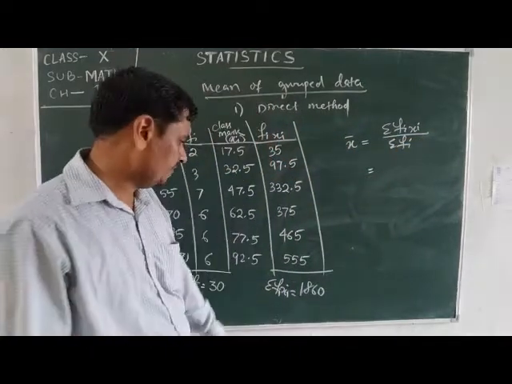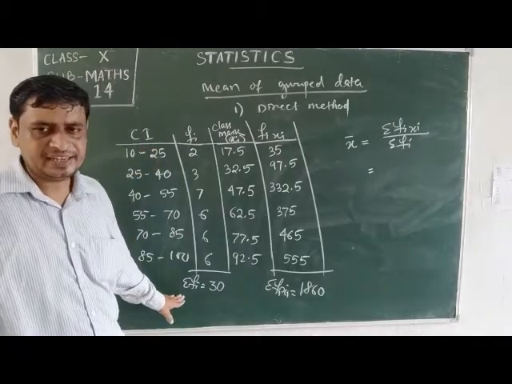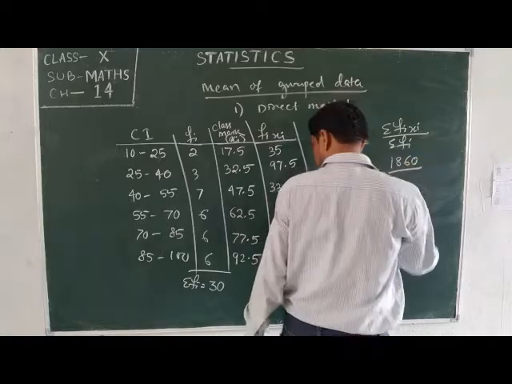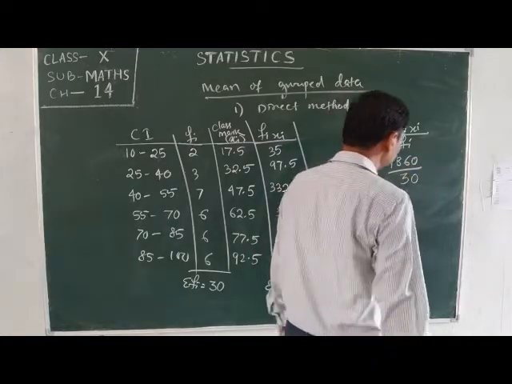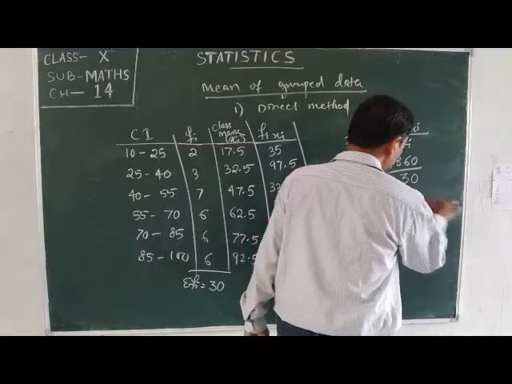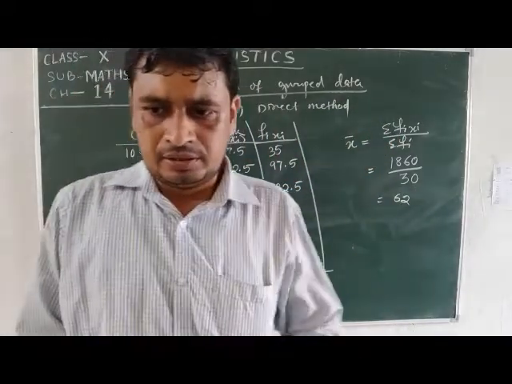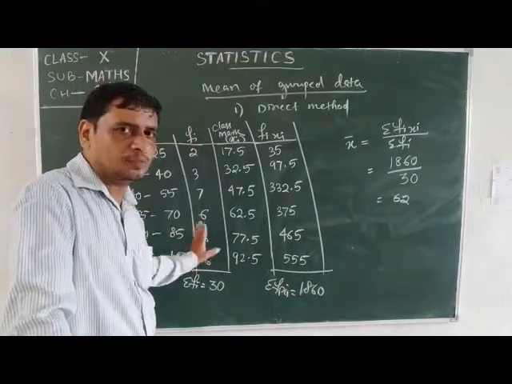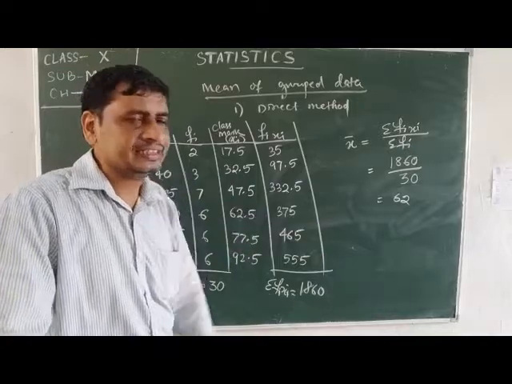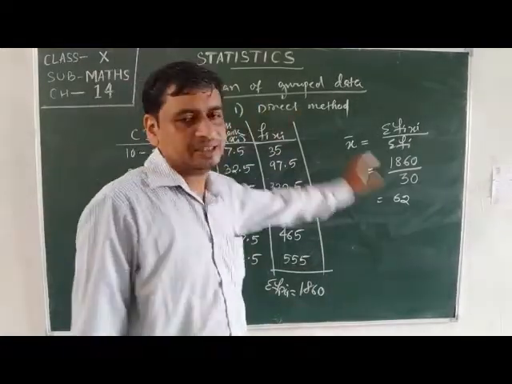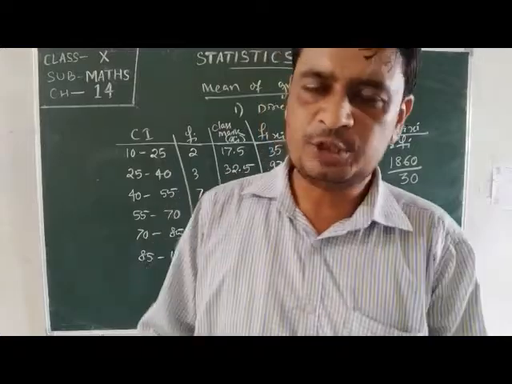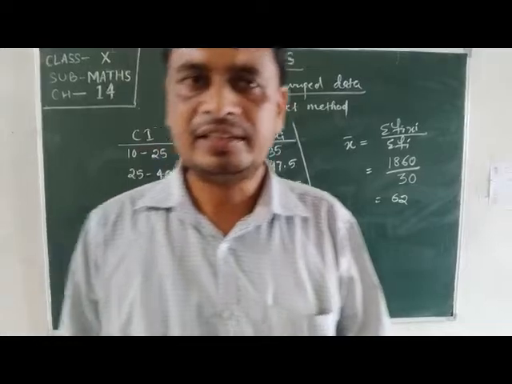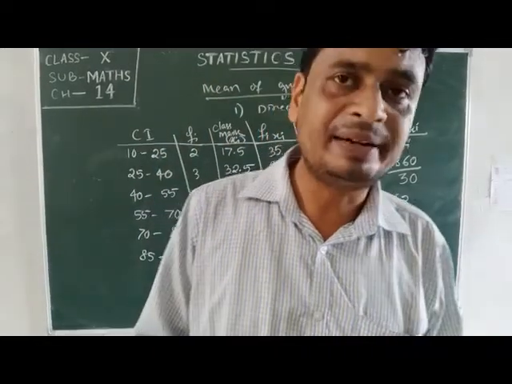Now we'll put the values: 1860 by 30. This is equal to 62. The mean marks obtained in this grouped data is 62 according to this direct method. But if we find it according to the assumed mean method or step deviation method, then also we get the same result. Okay, next we'll discuss the remaining in the next class.